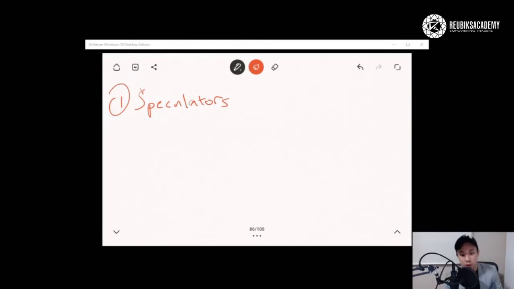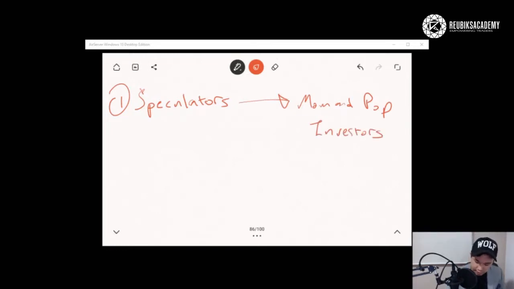right? And within the speculators, it comprises the mom and pop investors, or sometimes we refer to them as the retail crowd. These are all the terminologies that are used in the industry.